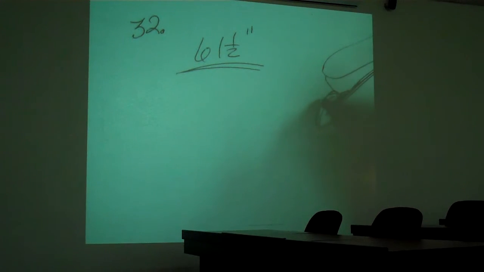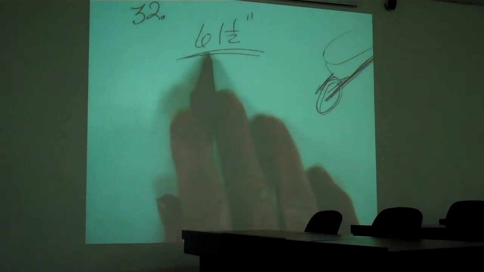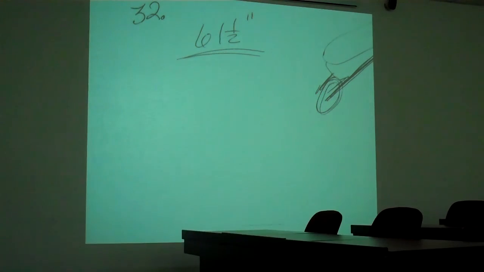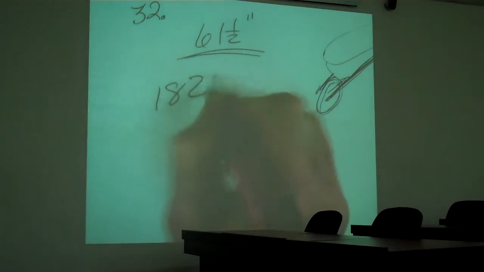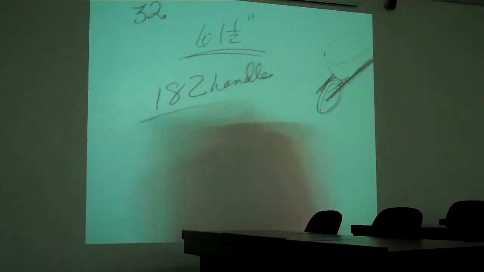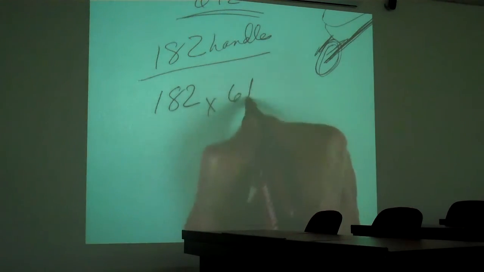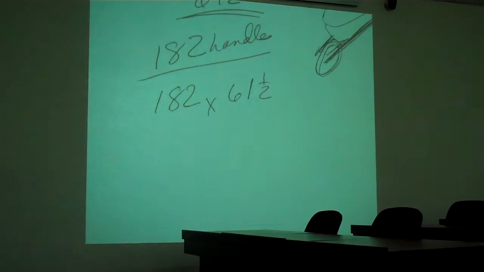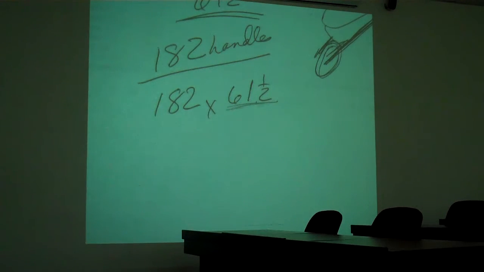You got one piece here and one piece over there. This was your longest dimension. It told you to find the amount of wood necessary to make 182 handles. So you do 182 handles, 182 times the 61.5. Because this is for one handle. So you do that times how many handles you have to make. That's how you get the wood for number 32.